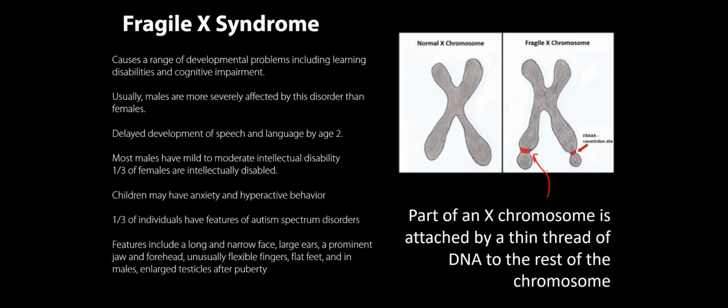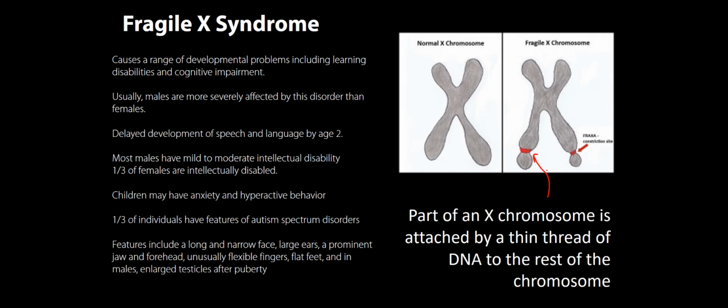So these are highly unstable chromosomes, and you can imagine this is going to lead to all sorts of diverse issues. It affects males and females, but males are usually more severely affected, again, because they have one X chromosome. There's delayed development of speech and language. There's mild to moderate intellectual disabilities. And these children can have higher than average anxiety and hyperactive behavior.